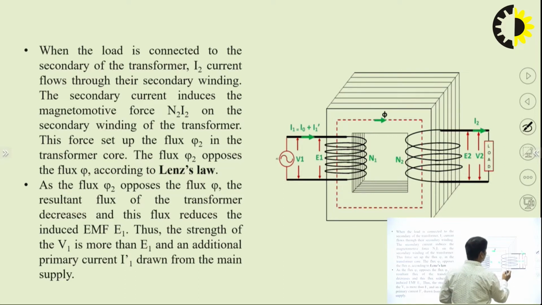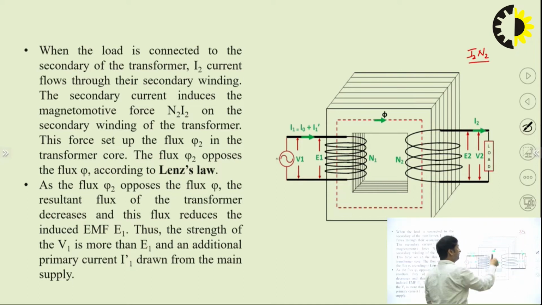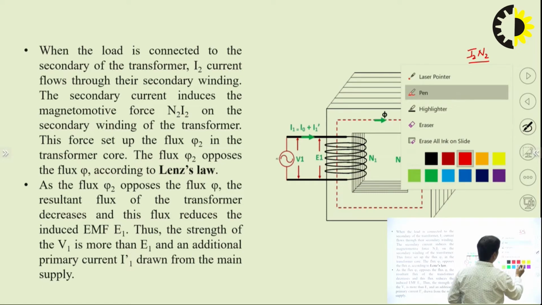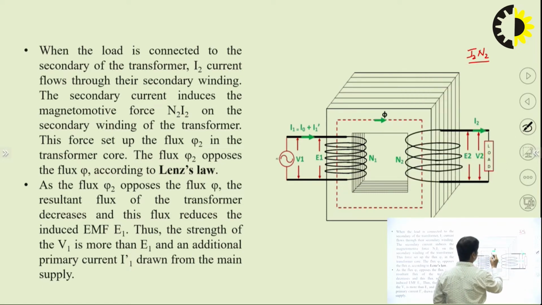I2 is the current flowing in the secondary winding, and then there will be an MMF. The MMF is I2 into N2, and because of this MMF, there will be a flux whose direction is opposite to that of the main flux.